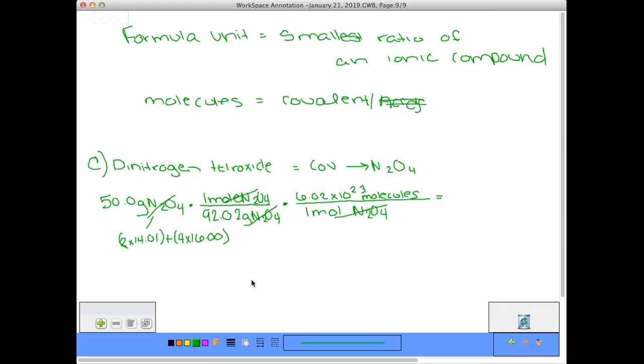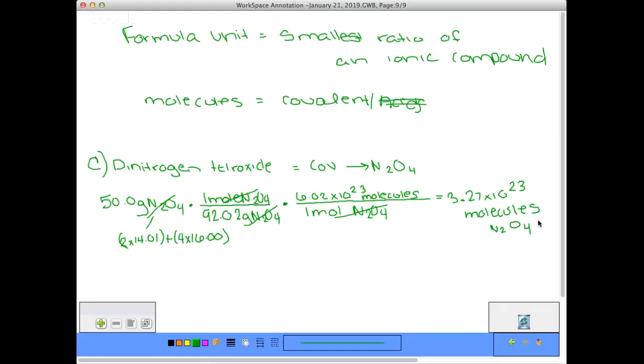And so if I do the math and I show 3 significant figures, what I end up getting is 3.27 times 10 to the 23rd molecules of N2O4.